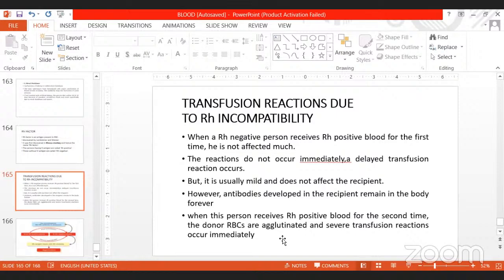For the first time there is not much reaction, and they may produce some delayed response, but it may not be that severe. And the antibodies against the Rh will be developed in the person for a longer period or forever.